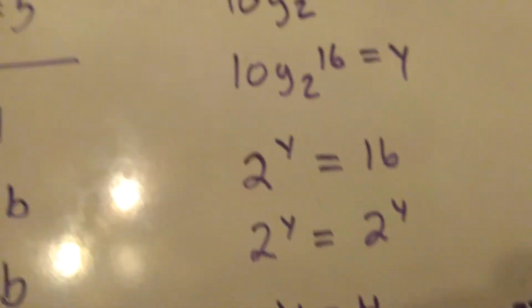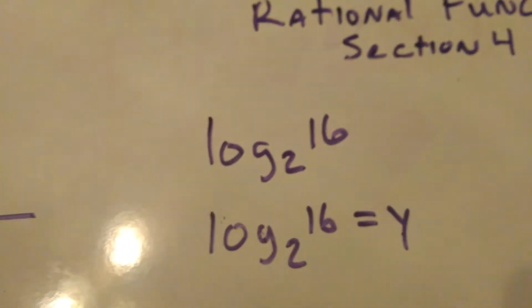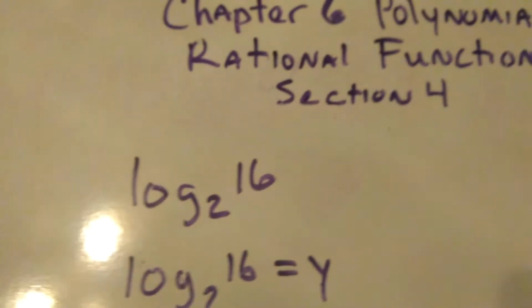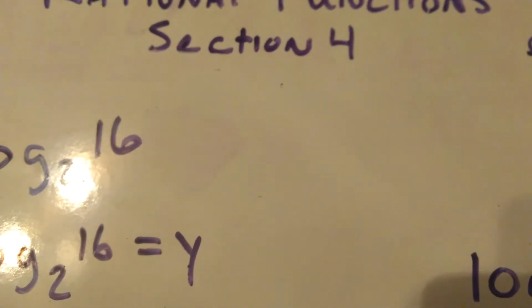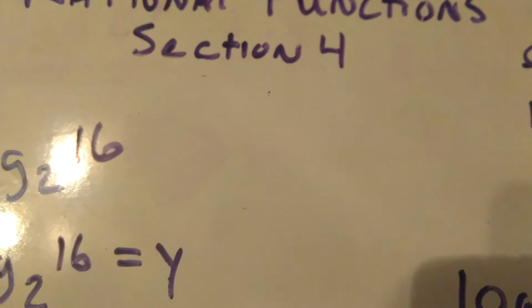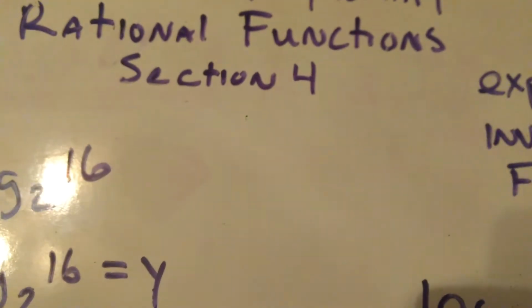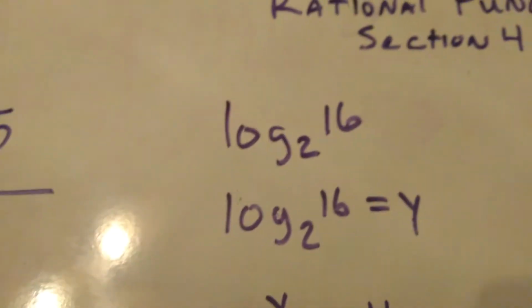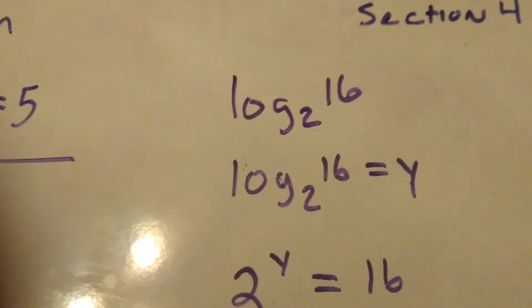Another thing we have to do here is we have to be able to solve logarithmic equations. And what you're going to see is in example 4 of your textbook, it says log 2 16.